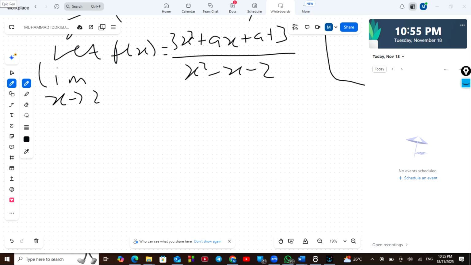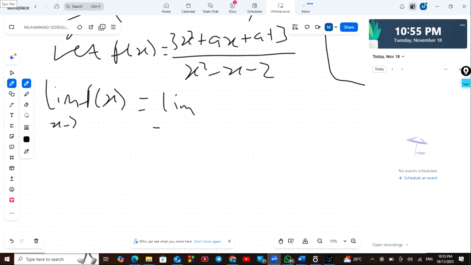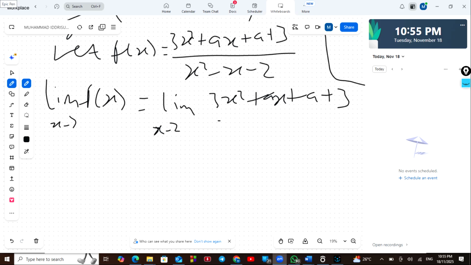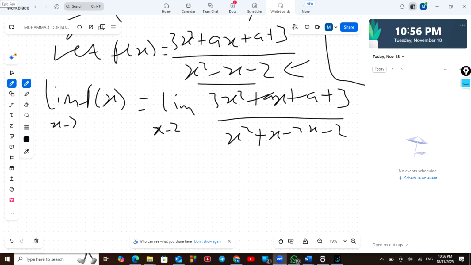So the limit as x approaches 2 of f of x will be equal to the limit as x approaches 2 of 3x squared plus ax plus a plus 3 all over, let's factorize this. We have x squared minus 2x plus x minus 2, so we use x minus 2x to represent the negative x.